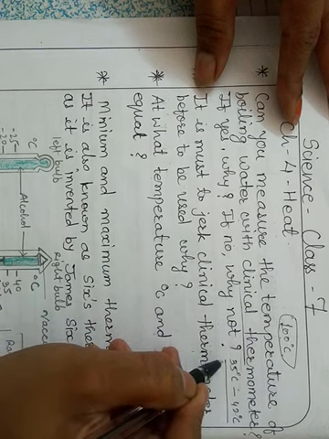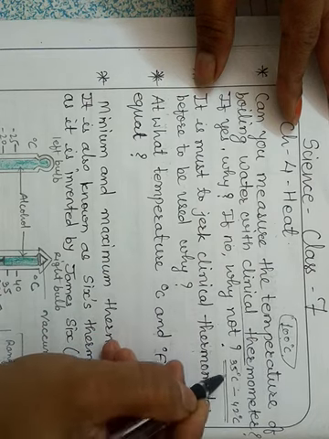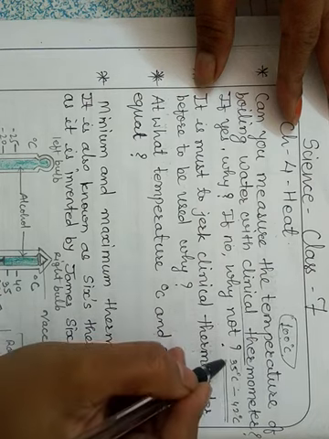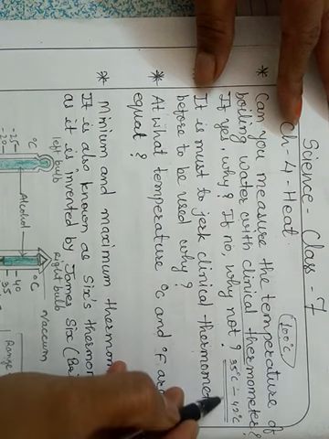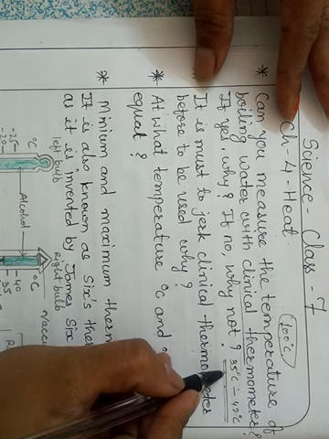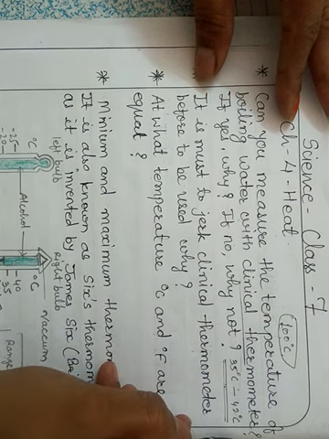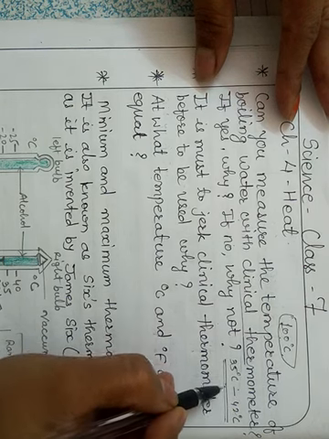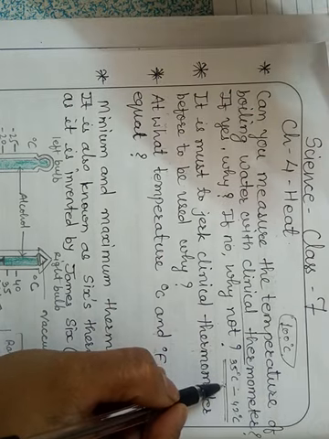If you see the thermometer, there is only this much marking on it. That means it's the range of that thermometer. So a temperature above 42 and a temperature below 35 cannot be measured by this thermometer.